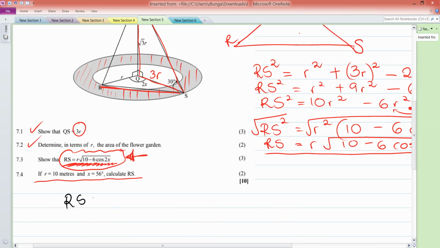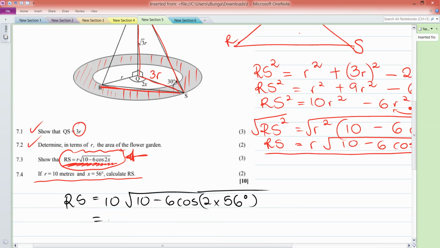So RS is equal to 10 times the square root of 10 minus 6 cos 2 times your 56 degrees, like that. All you have to do at this point is plug it into your calculator, you get 34.9966... Two decimal places will just become 35 meters. So that's our 3D trig done.